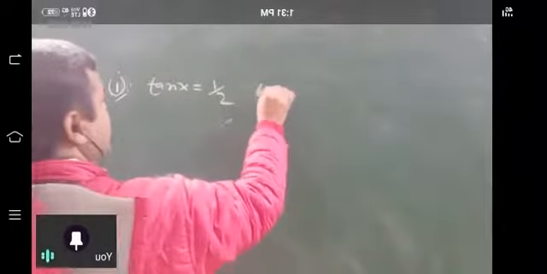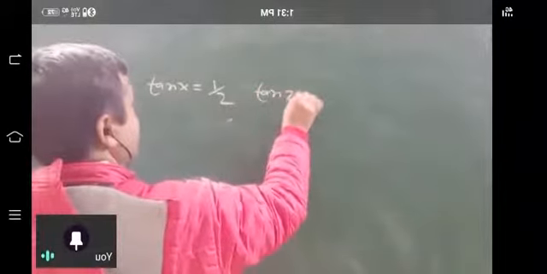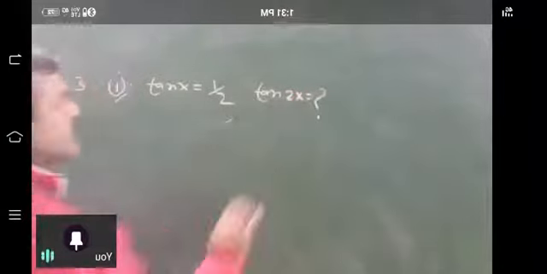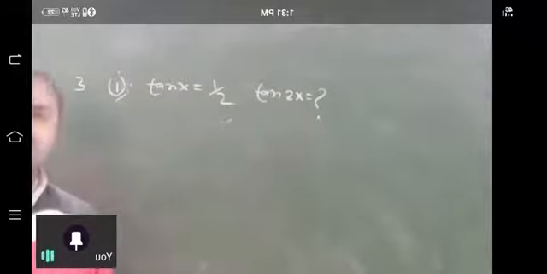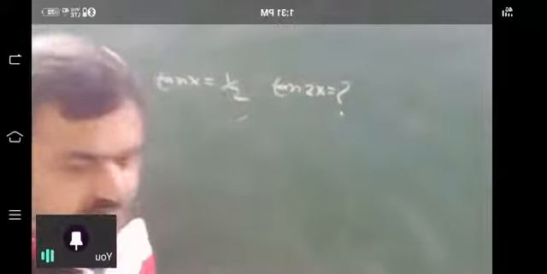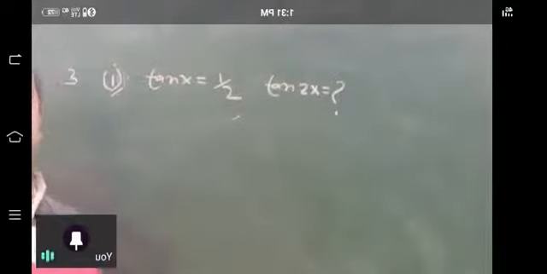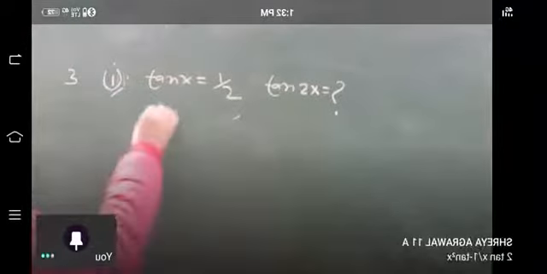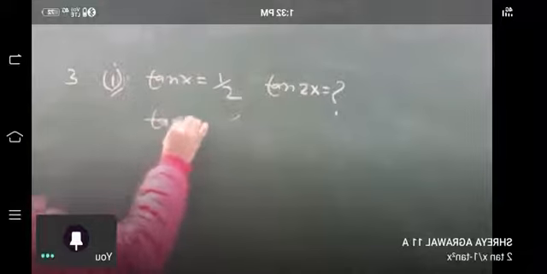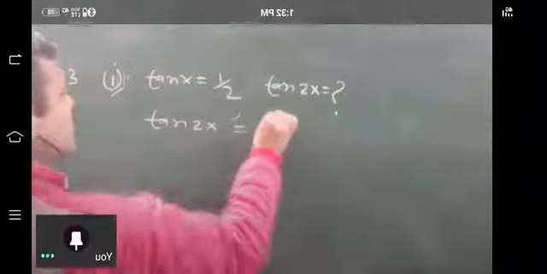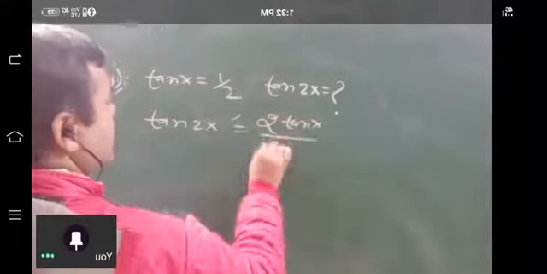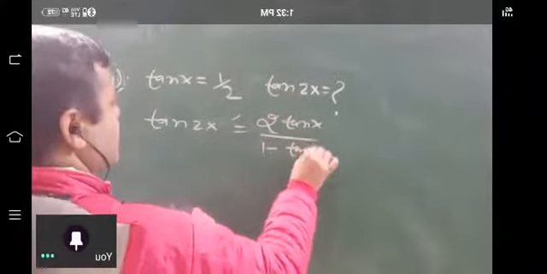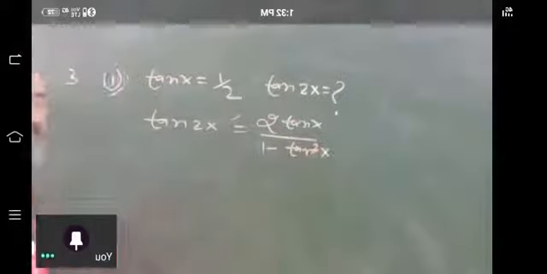Find what is the value of tan 2x. Just it is given in term of tan x and is finding also in term of tan x. So apply the formula of tan 2x in term of tan x. You know, tan 2x equal 2 tan x upon 1 minus tan square.